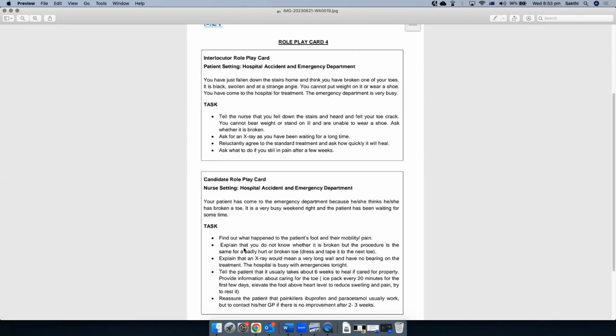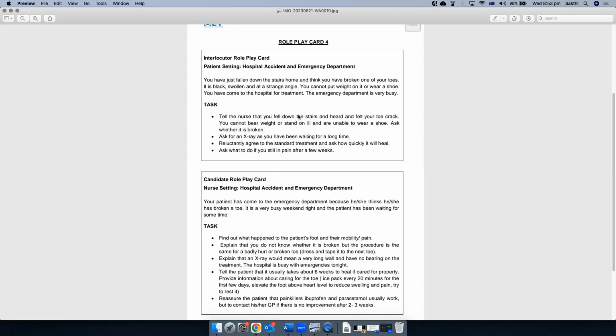And please note that most of the questions are going to be asked by the interlocutor, and you are going to answer the interlocutor's question from your occupation's point of view. Let's say if you're a nurse, you're going to answer the patient's question from the nurse's point of view and within the nurse's scope. All right, so mostly it's going to be like a Q&A session.